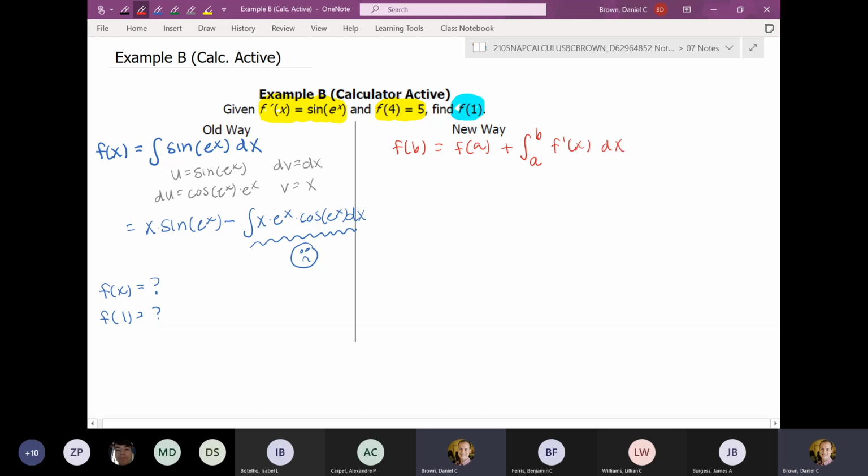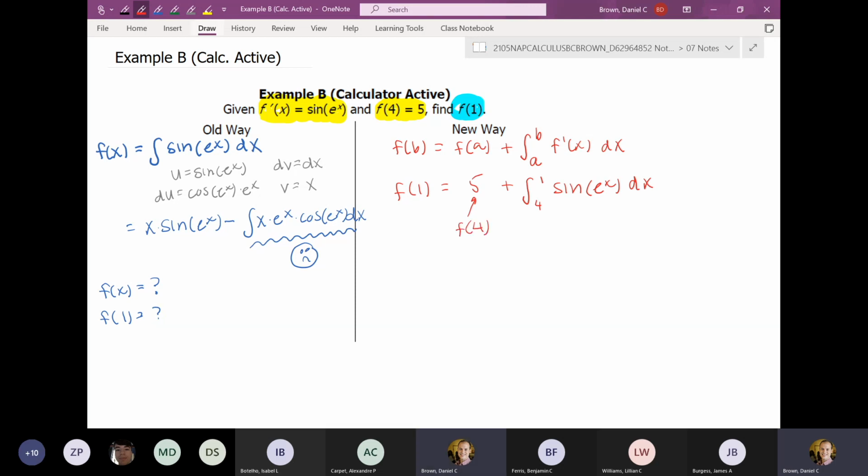We're trying to find f of 1. We were given f of 4. So I'm going to integrate this from 4 to 1. I know that's backward, but that's the order that we're going to use. And I'm going to fill in f prime of x here, which is sine of e to the x dx. F of 4, I'm also going to fill in, which is 5.